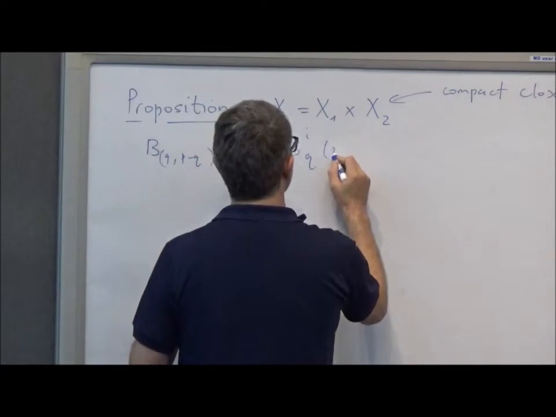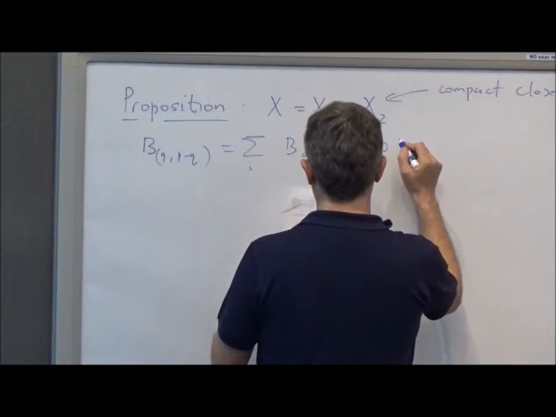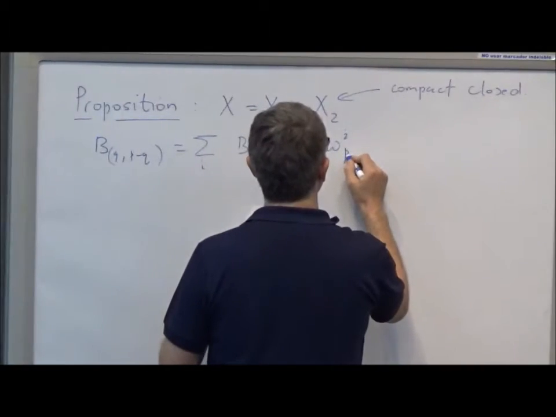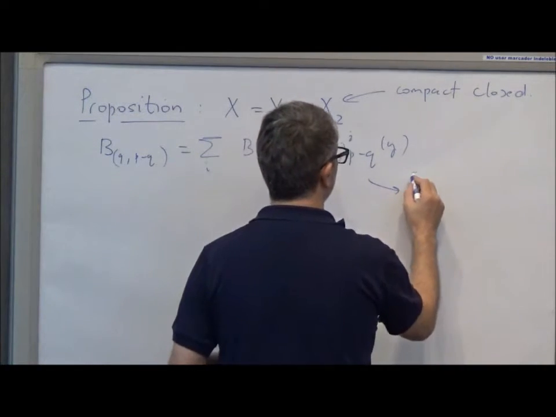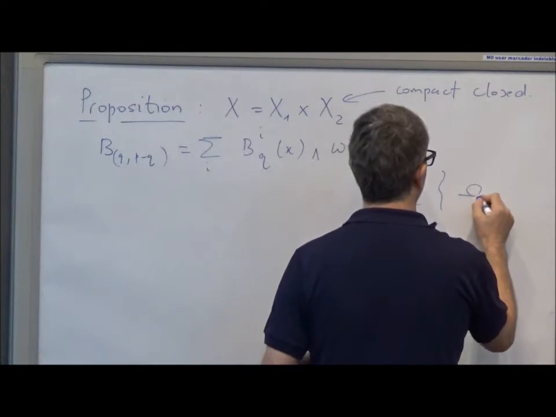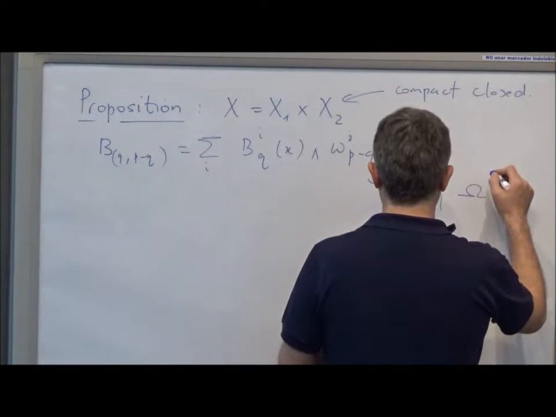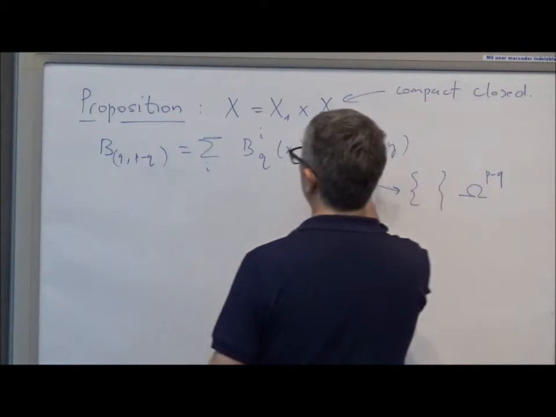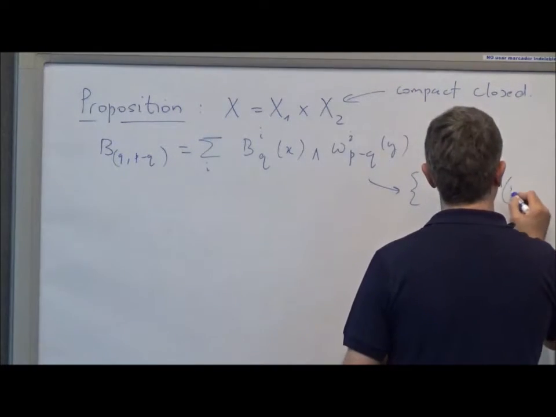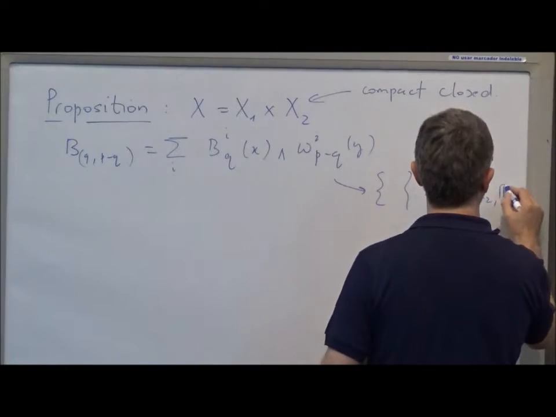This is a Q form and this wedges against a P minus Q form, and this is just a y. So these are a basis for omega P minus Q of the internal space, so that's X2, and I'm doing it over C or R, it's up to you.